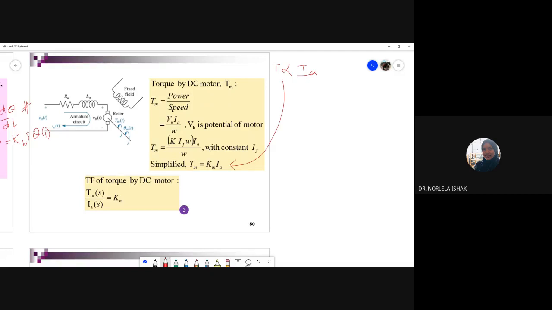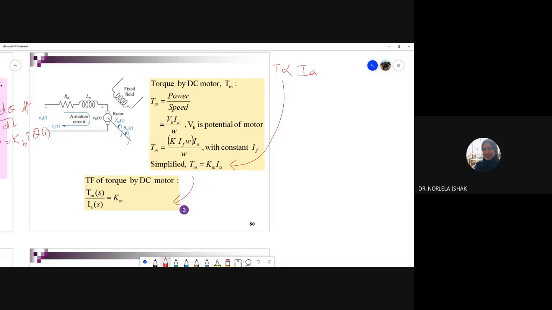Okay, Km is considered the gain for motor torque. Just now was Kb. Kb is the gain constant for back EMF. So we rearrange this equation and we can get equation number 3, the time function.